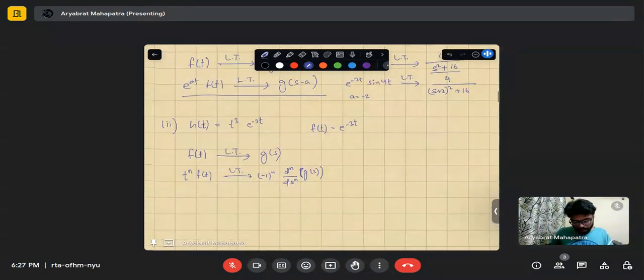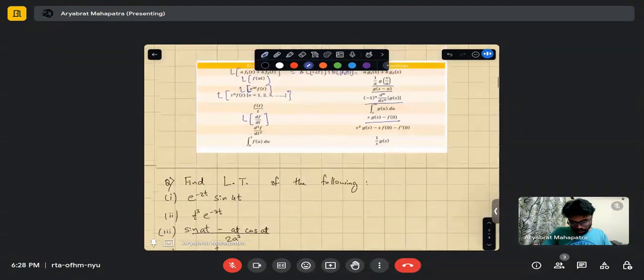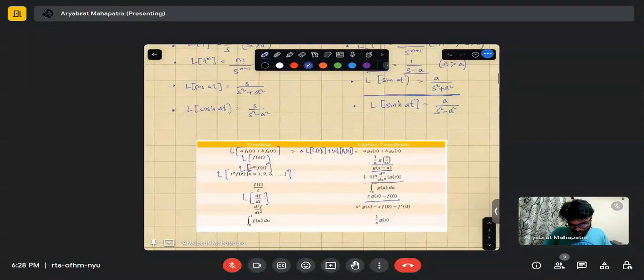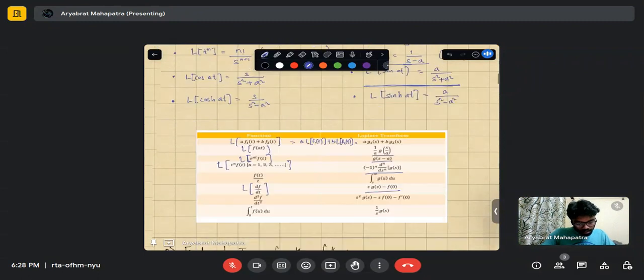So again, let's see here. First you take the Laplace transform of f of t, that is exponential of minus 3t. You will check it from the property right here. This is the result you get for the Laplace transform of any exponential, that is 1 over s minus a.